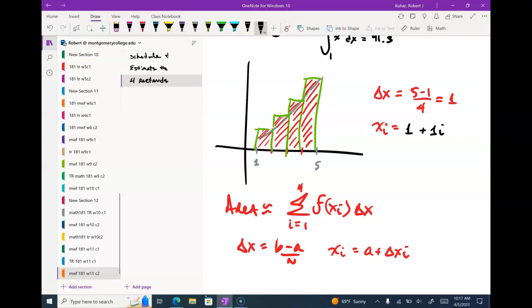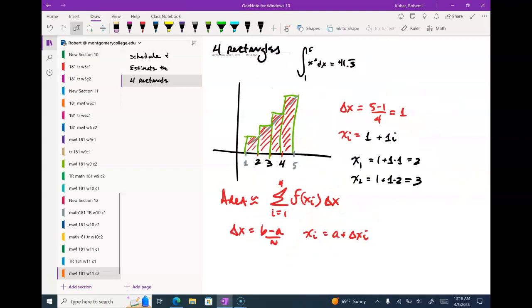Do you see what I'm saying? Remember, i is just your counter of the rectangles. So for example, x sub 1 is 1 plus 1 times 1, which is 2. Look, that's where my first rectangle ends on the base. x sub 2 is 1 plus 1 times 2. That's 3, and that's my next. Do you see it? So pretty clear, the next one is 4, and the last one is 5, right?